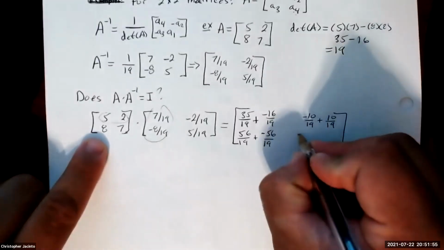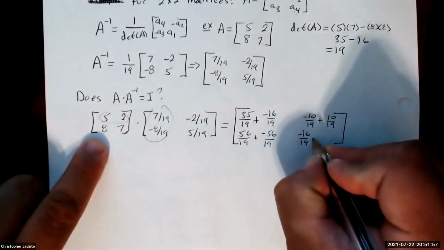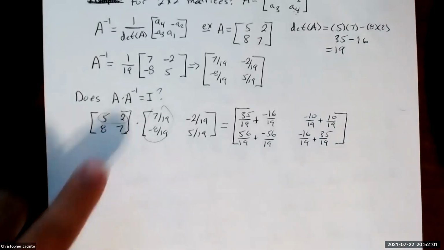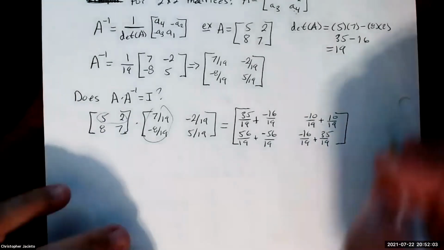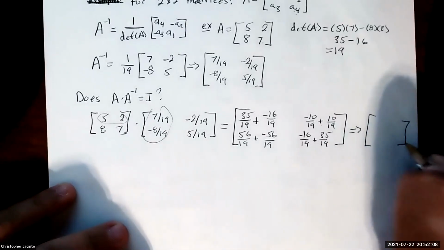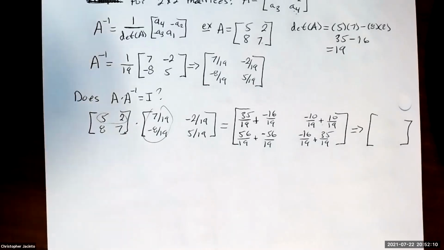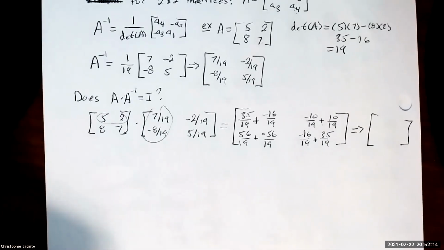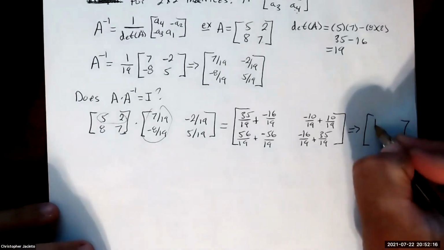Okay, -16 over 19 plus 35 over 19. And now we just simplify and see what we get. Hopefully we get the identity matrix, right? All right, so 35 minus 16 gives you 19. And then 19 divided by 19 is 1.